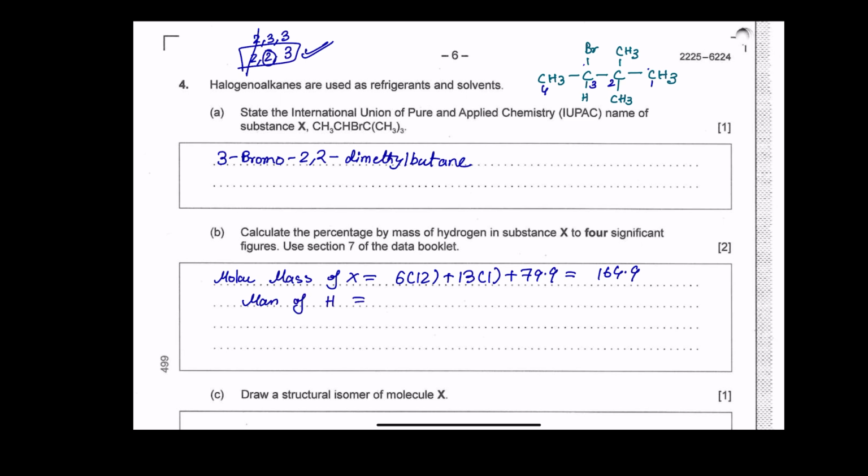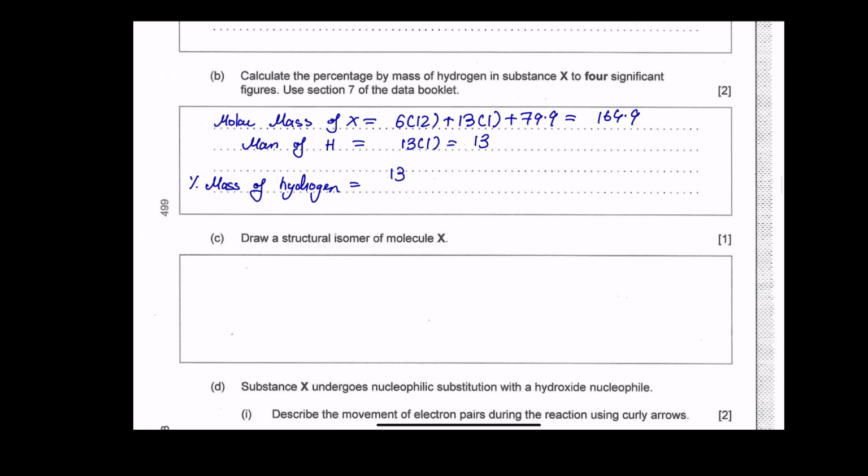Mass of hydrogen would be 13 times 1, because you have 13 hydrogen atoms in total, which is 13. The percentage mass of hydrogen will be the mass of hydrogen divided by total mass times 100.